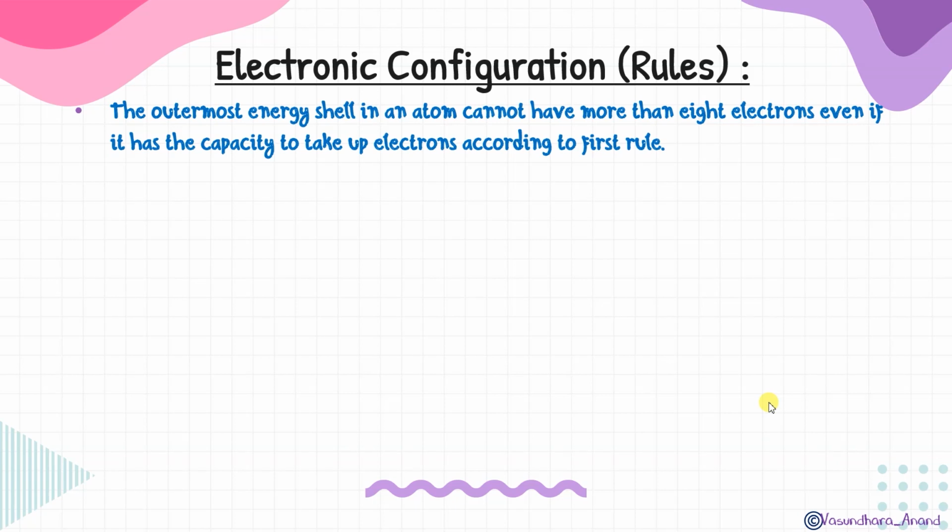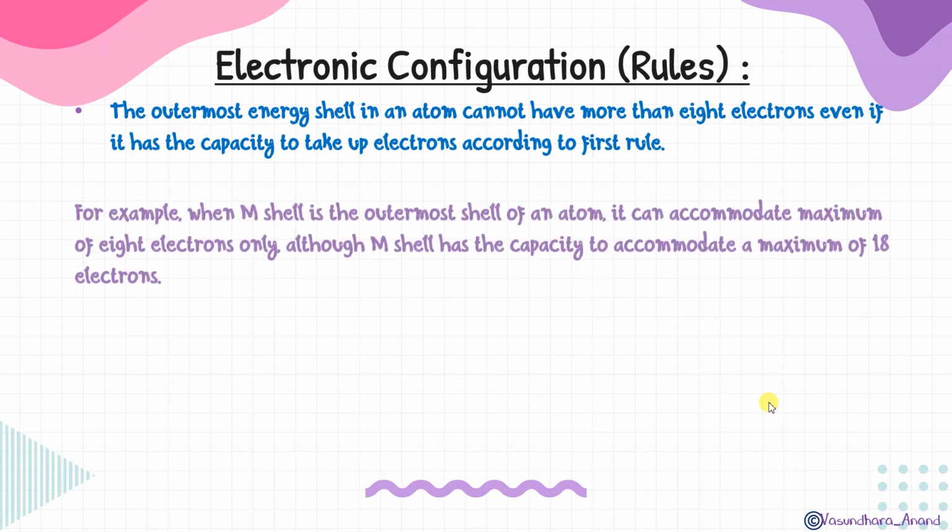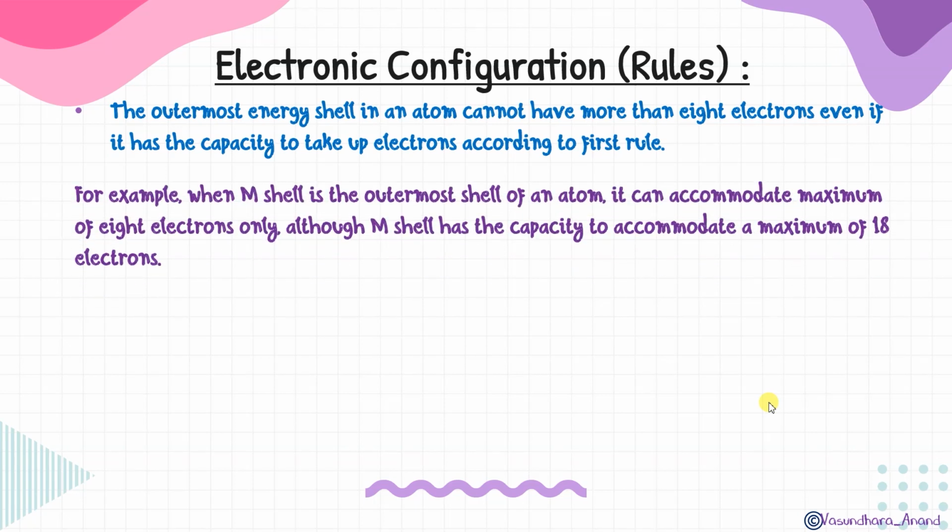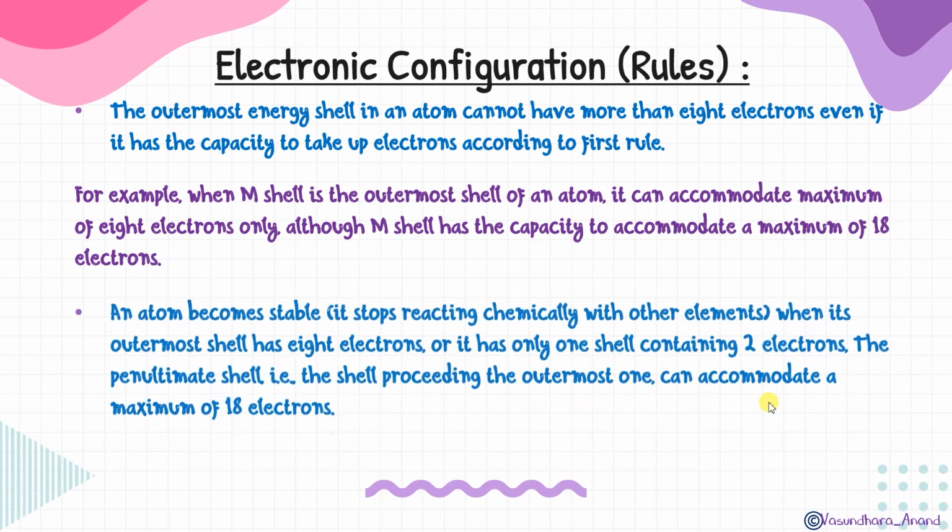So for the M shell as well as the N shell, the maximum number of electrons will be 8. For example, if the M shell is the outermost shell of an atom, it can accommodate a maximum of only 8 electrons, although the M shell has the capacity to accommodate a maximum of 18 electrons.